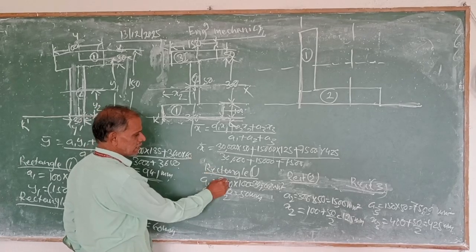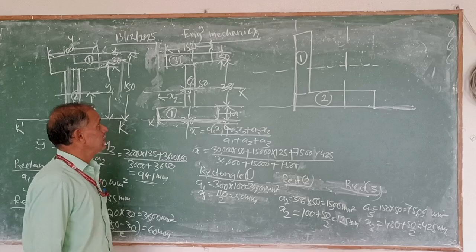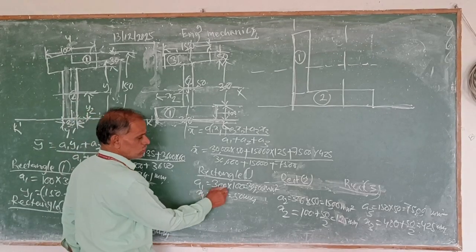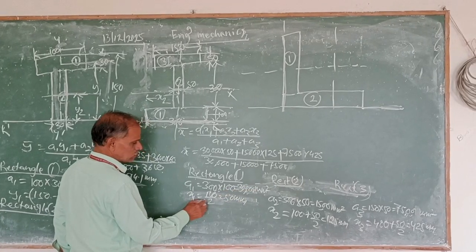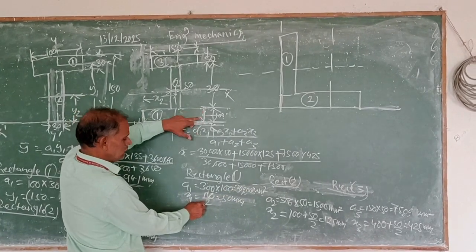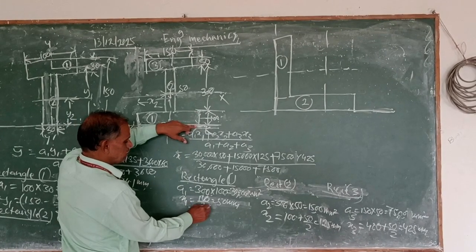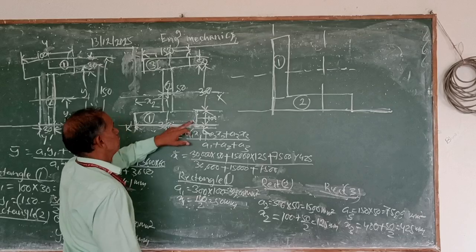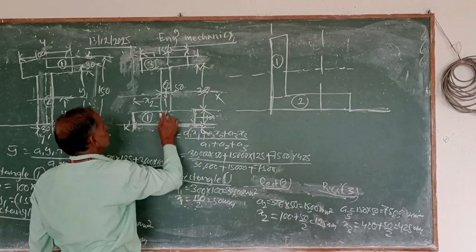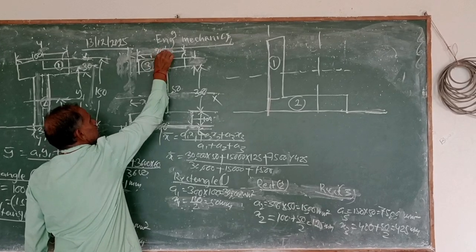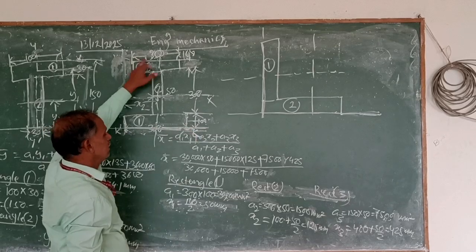In this case we have rectangle 1, rectangle 2 and rectangle 3. Here A1 is 300 into 100, that is 30,000. x1 is the central distance, that is 100 by 2, equal to 50 mm. Rectangle 3 is also 300 into 100.